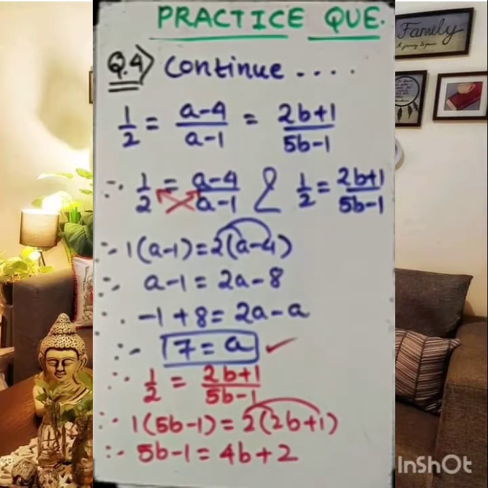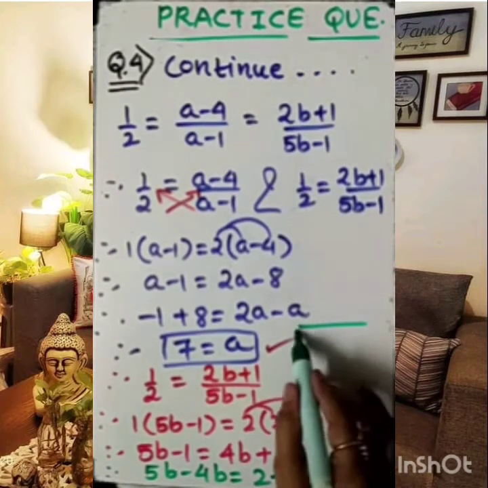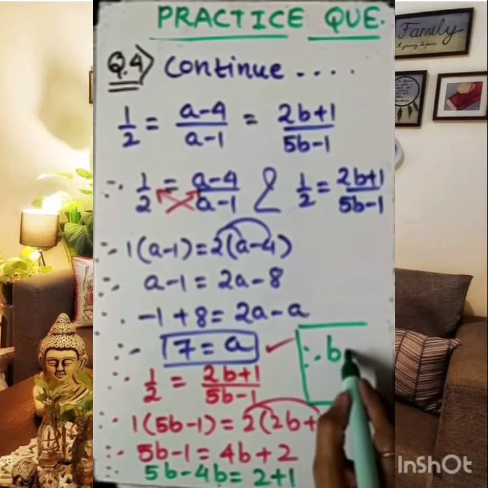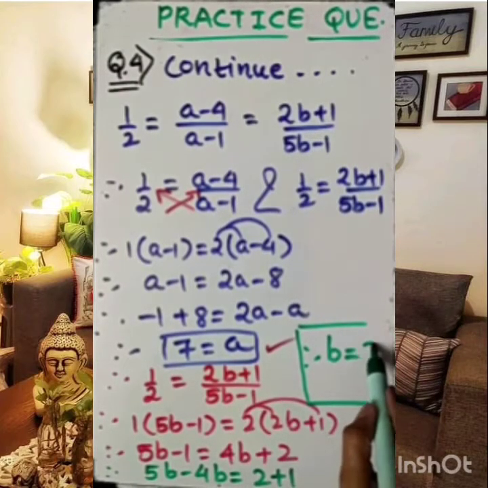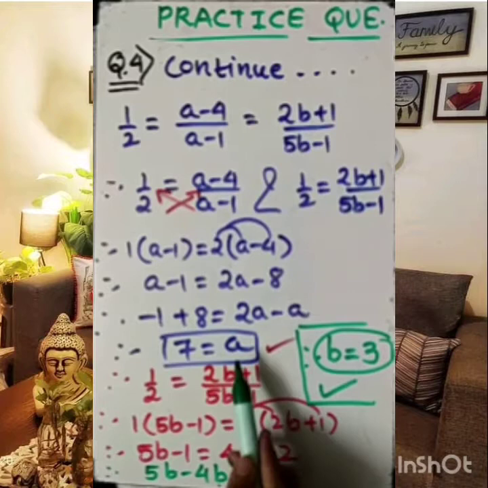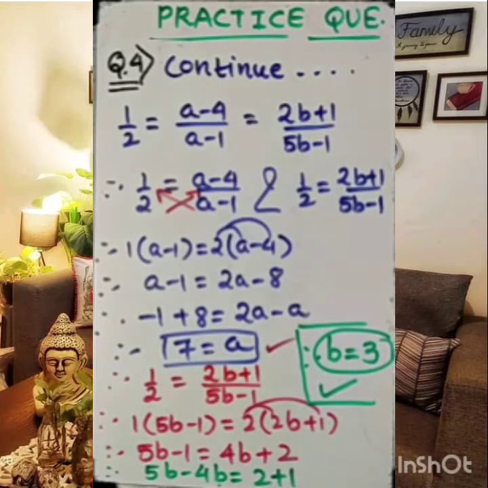I am bringing this 5b, 4b to this side. So 5b minus 4b equal to, this minus 1 will be plus. Therefore 5b minus 4b is only b, and 2 plus 1 is 3. So my dear student, the value of b equal to 3 and the value of a equal to 7. These are the solutions of the given question for a and b.